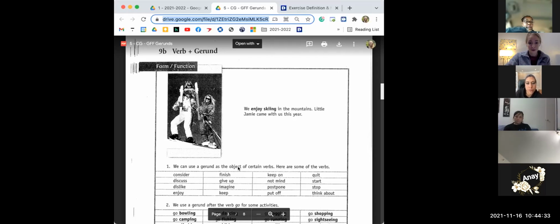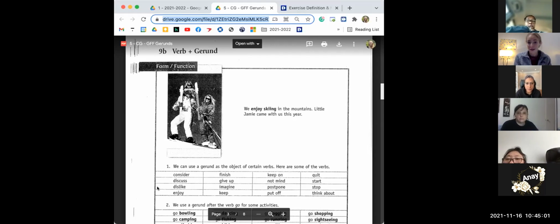Not every verb, but certain verbs. This list of verbs here, we can use the gerund form following these verbs. Not every verb, but some verbs. And these verbs we have to memorize. We have to memorize when to use the gerund after these verbs.